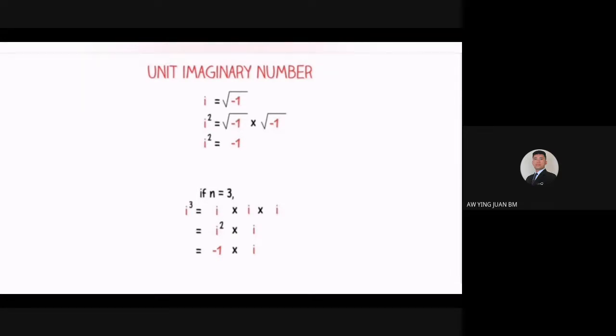Then, try it out. i cubed is i times i times i. We can write it as i squared times i.